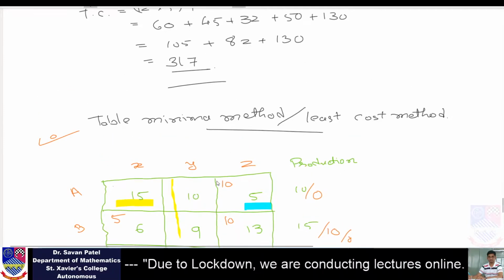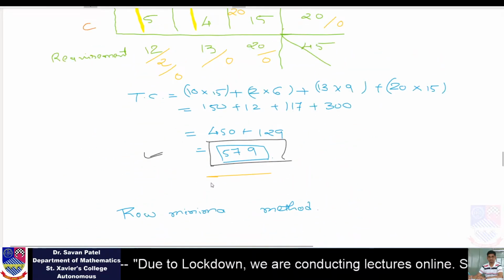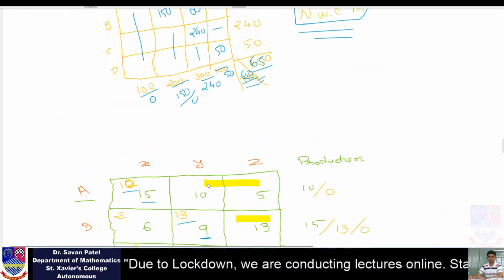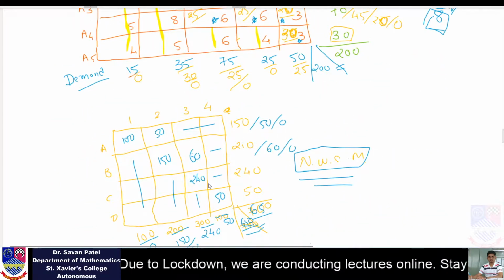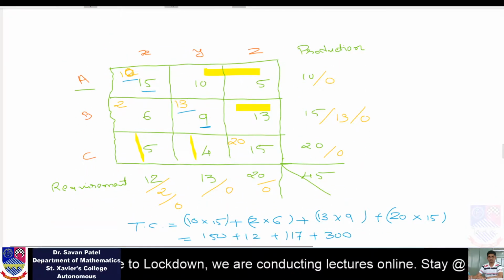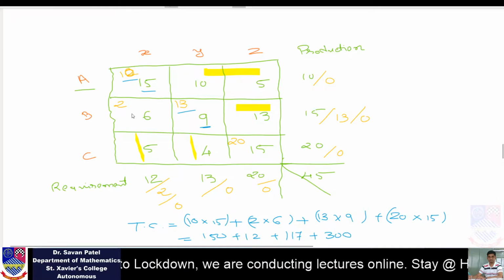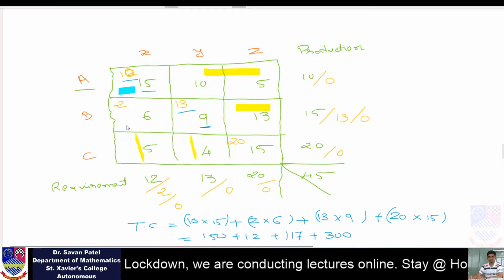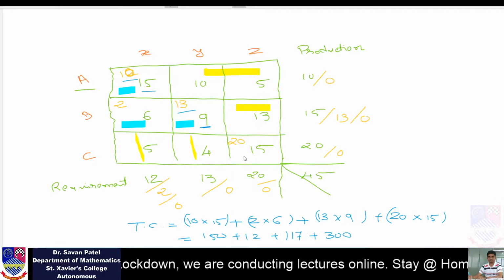Also, I would like to explain the allocations we have done in any method till now. Here in this problem, we were having allocations 1, 2, 3, and 4.